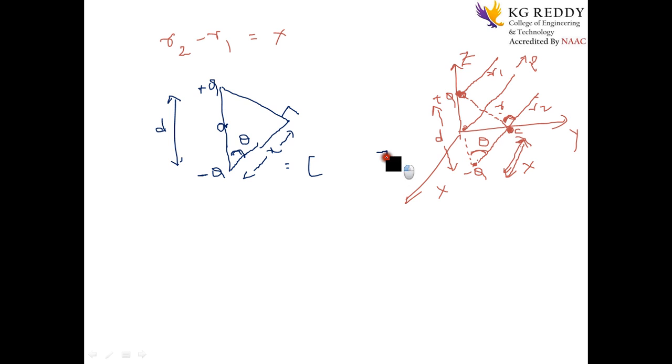I just want you all to think and write down this equation. Take a time of 1 minute, think and write down what is x, because you can take this triangle and, using trigonometry, find out what x is, and this x distance will give the difference between R2 and R1.